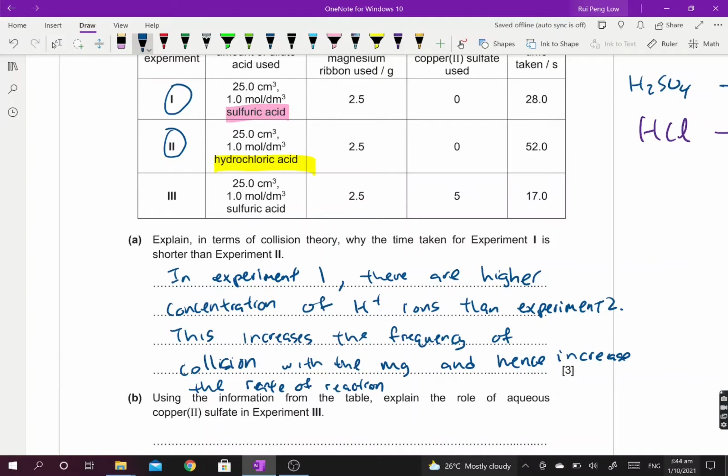So yeah, higher concentration. I think I need to explain a little bit more because H2SO4 has 2 hydrogen plus ions, while experiment 2, HCl has only 1 H plus ion.